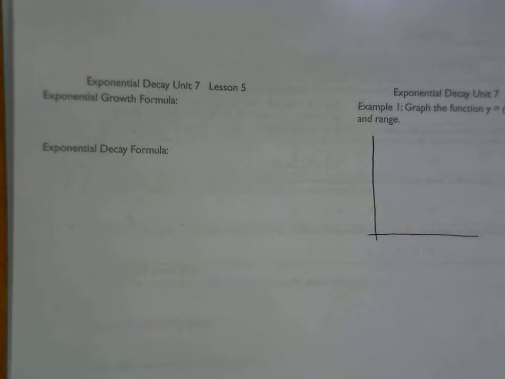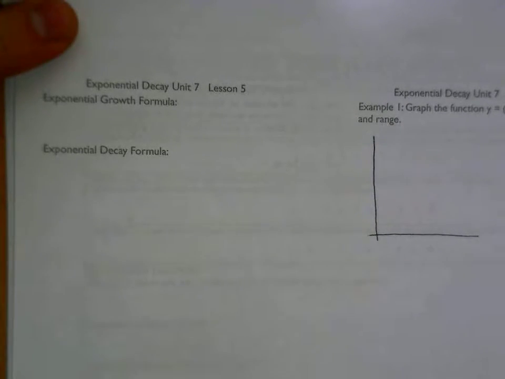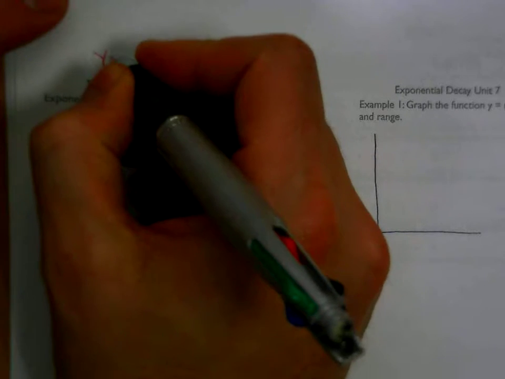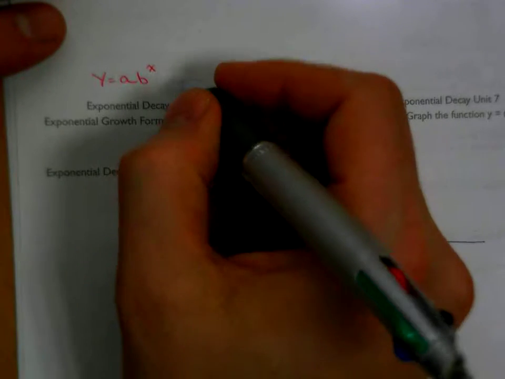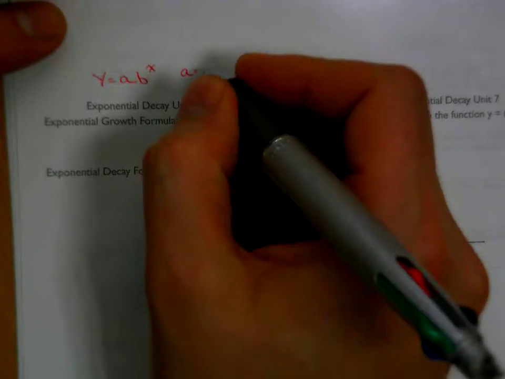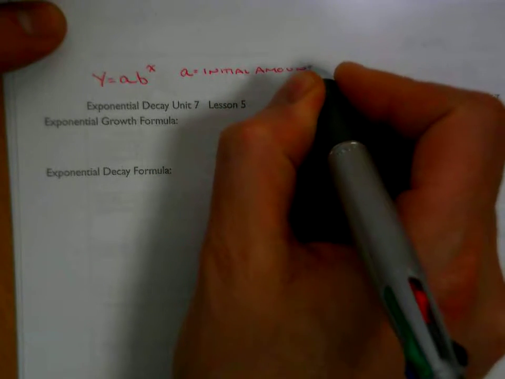In the last lesson, lesson 4, we talked about exponential growth primarily and exponential functions. We saw that the exponential parent function is essentially y equals a times b to the x, where a stands for the initial amount, which is also kind of like the y-intercept.